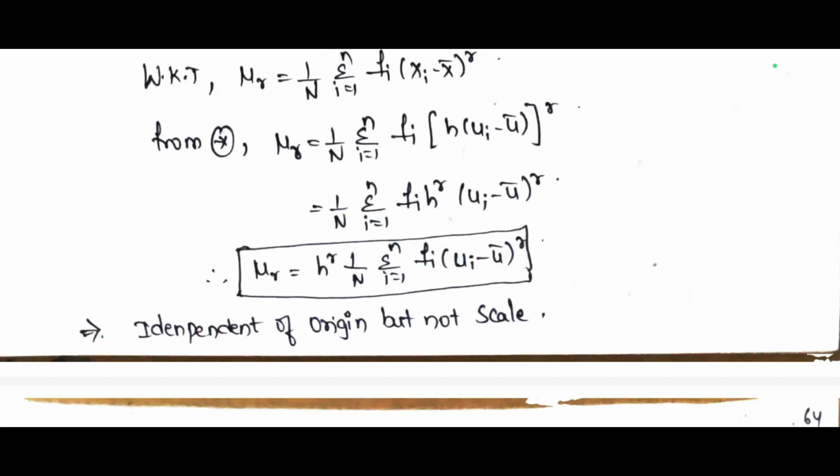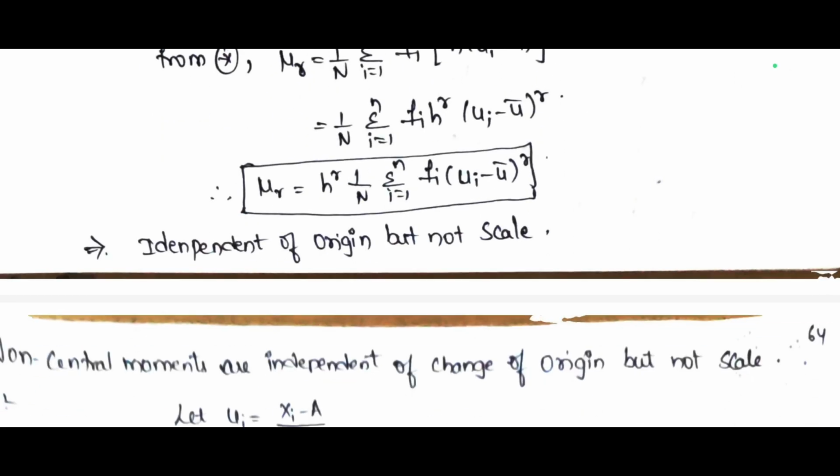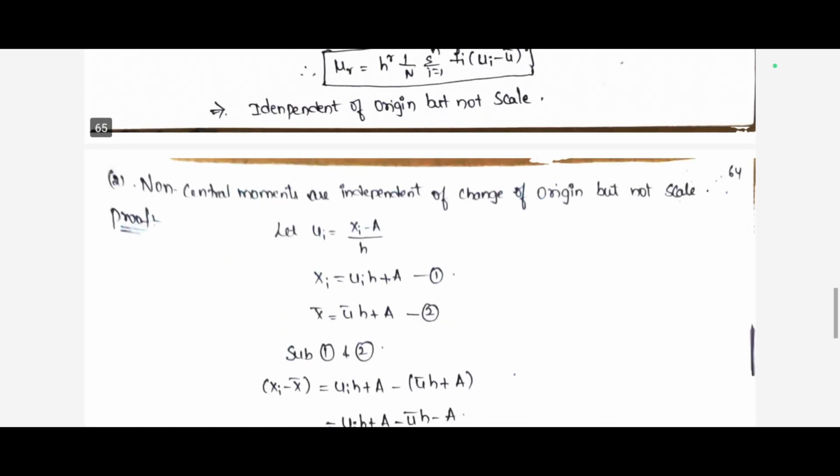We are not getting any origin values, only the constant h values, so they are said to be the scale. Very important.